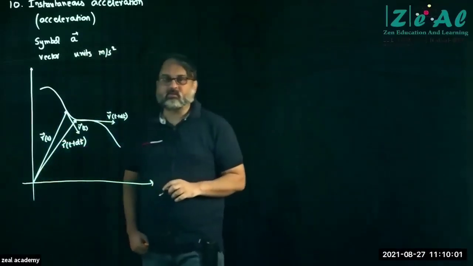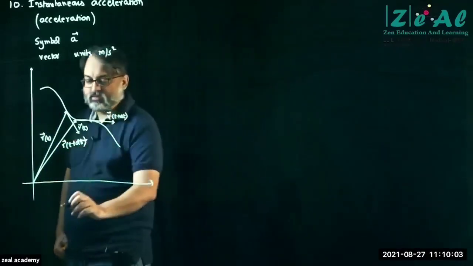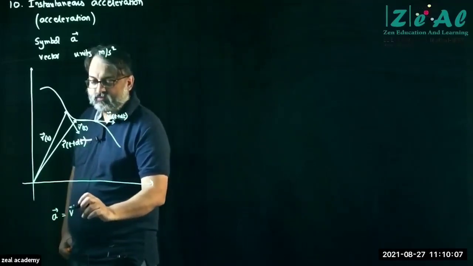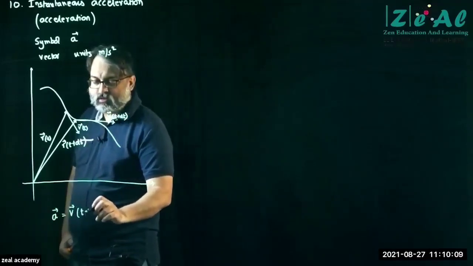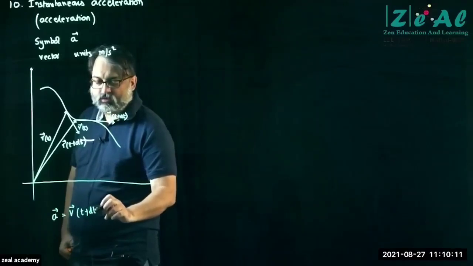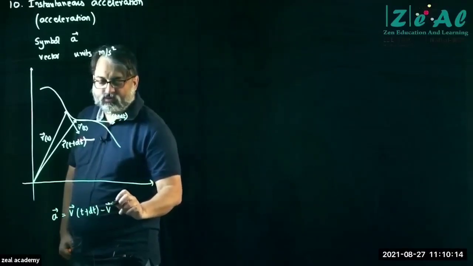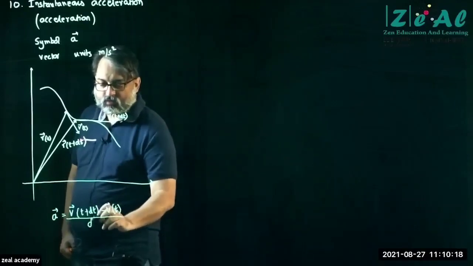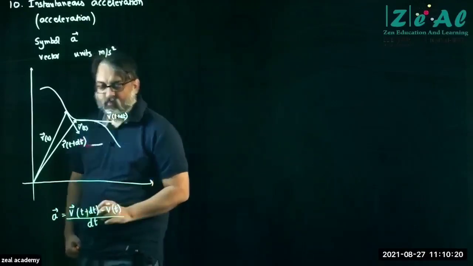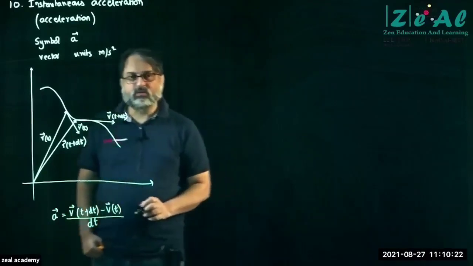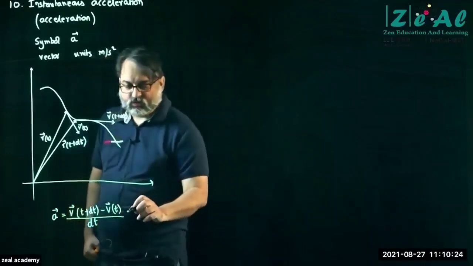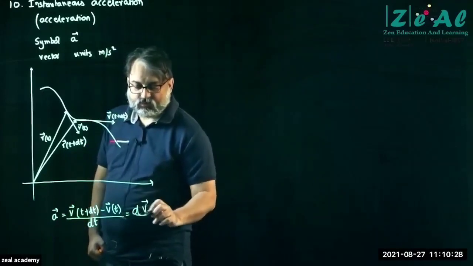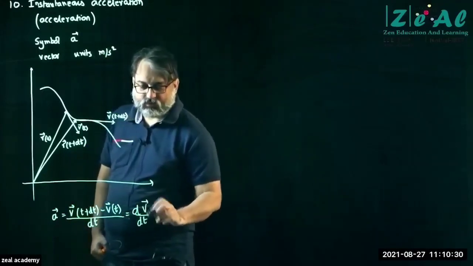So now we define the acceleration vector as the velocity at time t plus dt minus the velocity at time t, whole divided by dt. Okay, and as you know, this is basic calculus. So this will be dv by dt.